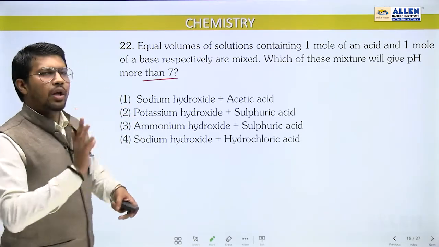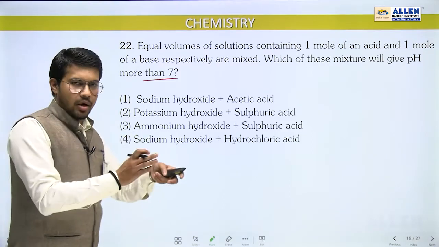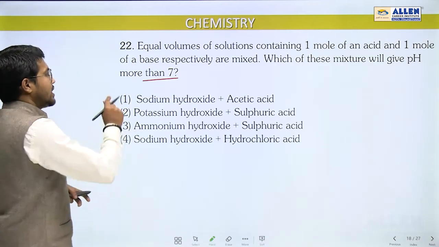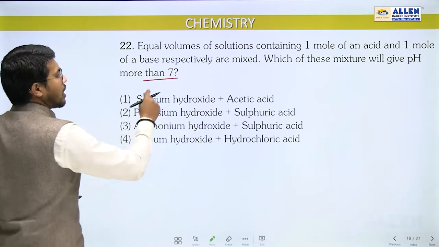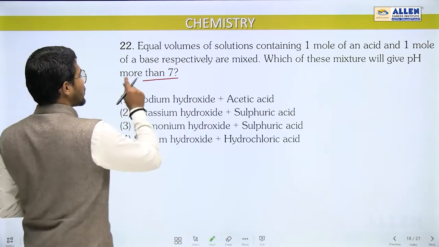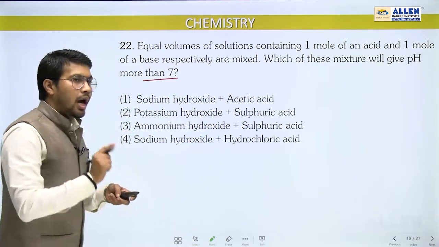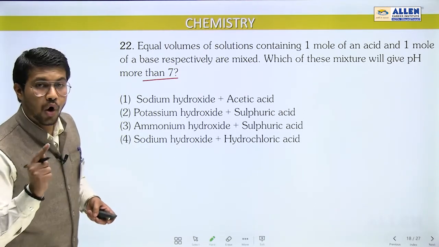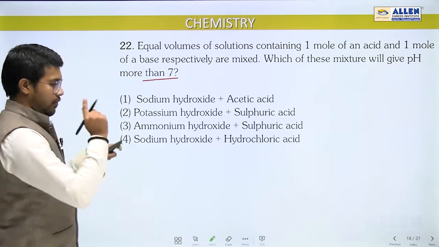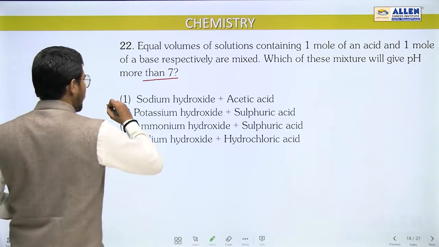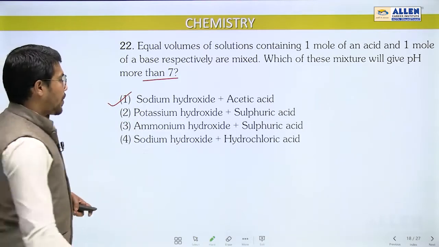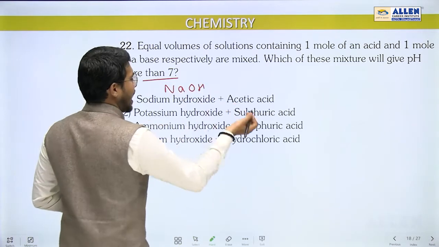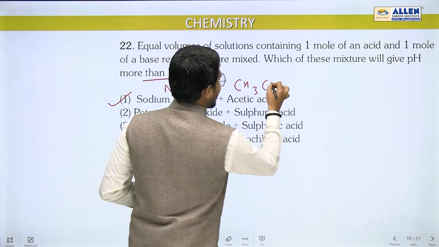But since this question is asking about a solution which will have pH more than 7, the base has to be strong. So from the above options, the first is the most appropriate one, because NaOH, sodium hydroxide, is a strong base, and acetic acid is a weak acid.